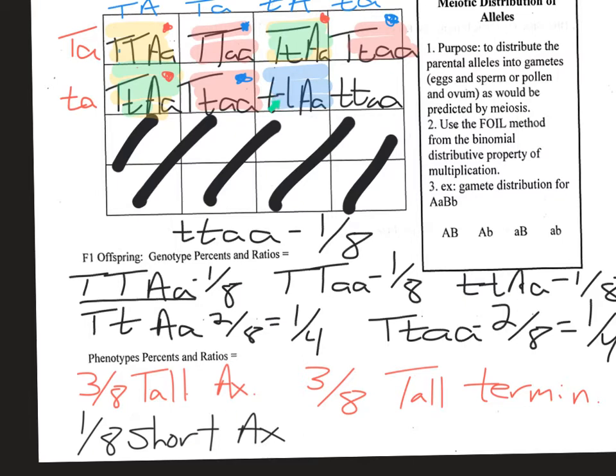Short because 2 little t's, axillary because of the big A. And 1 out of 8 is going to be short and terminal. Why is it short and terminal? Because you have 2 little t's and 2 little a's. That's what should have been done on the first page of your work.